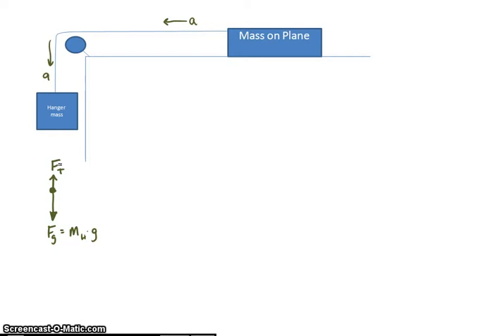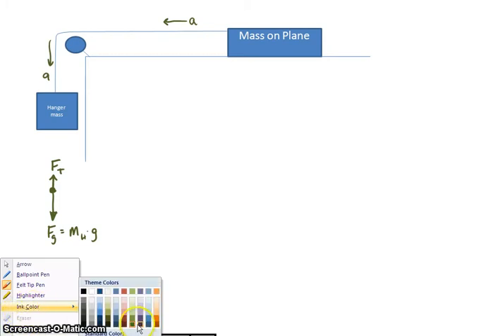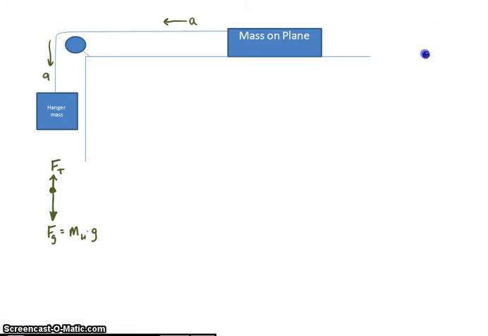Now I'm going to do the exact same thing over here, but this is going to be my mass on the plane. So again, I'm going to switch colors here. My free body diagram, so there's my center of mass, and then I'm going to have the force of gravity acting down. This is my mass, and I'm going to call it mass on plane times 9.8, and I'm going to have a force normal, and the force normal is equivalent to my force of gravity because we're assuming that we're working in a frictionless environment, and that we're not pulling up on anything.